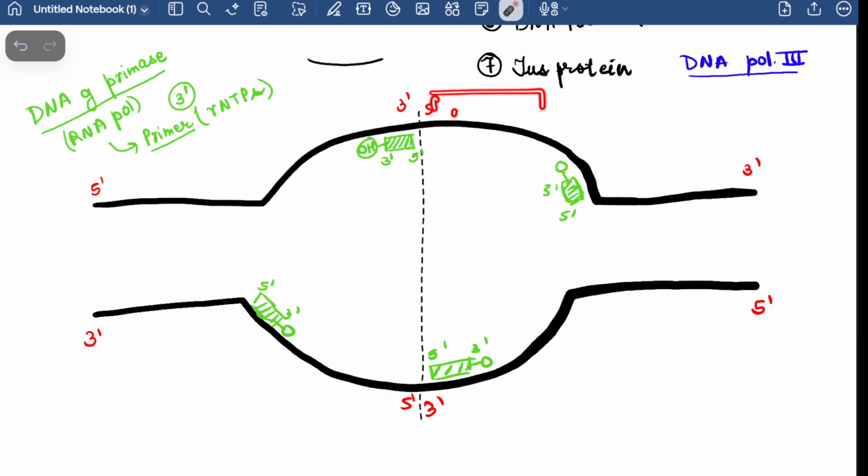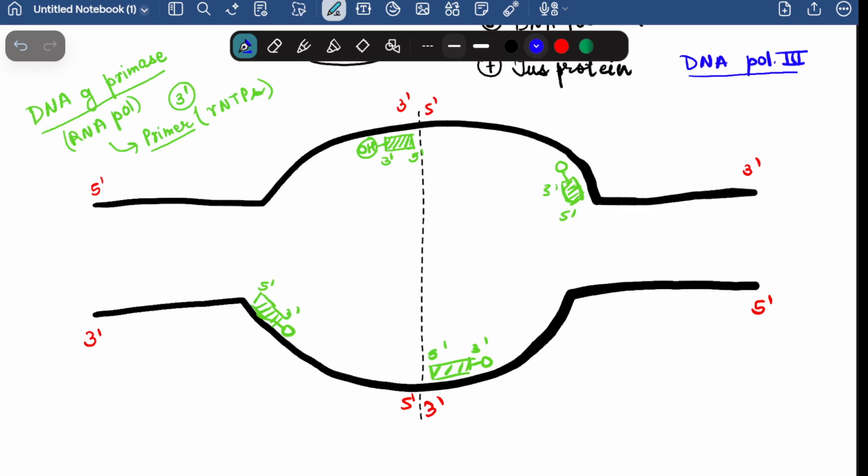So this can be said to be the right half of the replication fork, and this is the left half of the replication fork. Now let me draw how it will be. Here the synthesis of the nucleotides and the formation of the strand will be in this way, and this will be the 3' end, and here it will be like this, right? So here also it will be 3' end, then here again 3' end, and here 3' end.